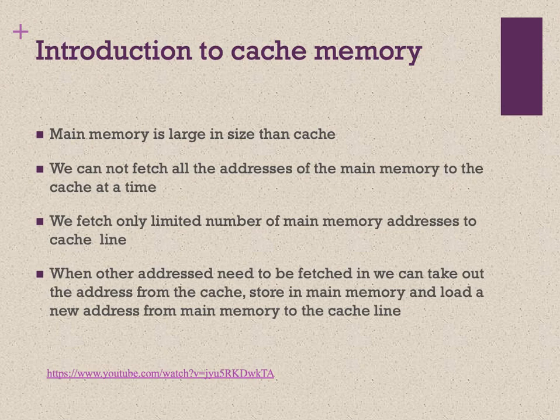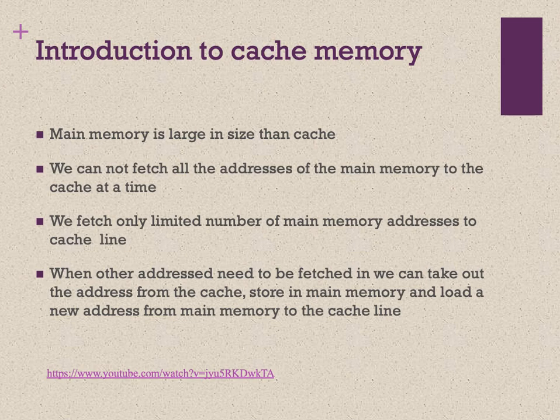Main memory is generally larger in size than cache. If you look at a current computer, we normally have RAM from 6 to 8 GB, and cache is very small, maybe in megabytes.